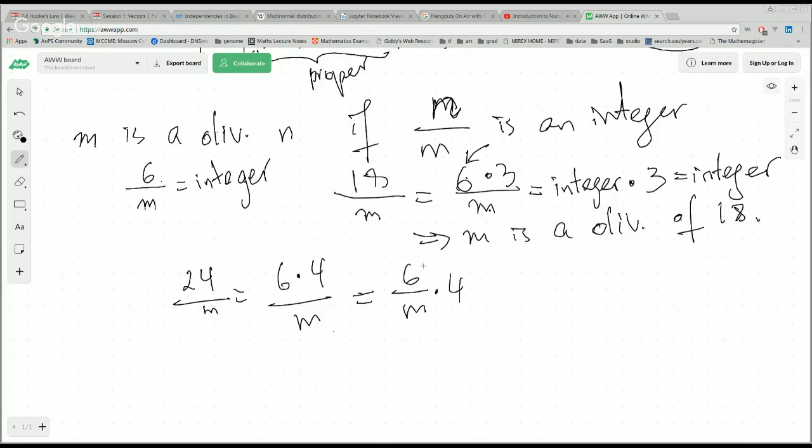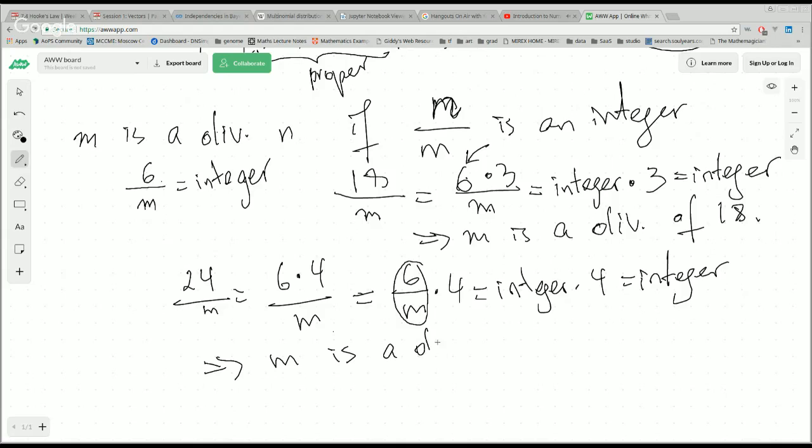What does that mean? That means this ratio here is an integer. And an integer times 4 is definitely an integer. Now, I took 24, I divided it by m and got an integer. What does this mean? This, by definition, means that m is a divisor of 24.